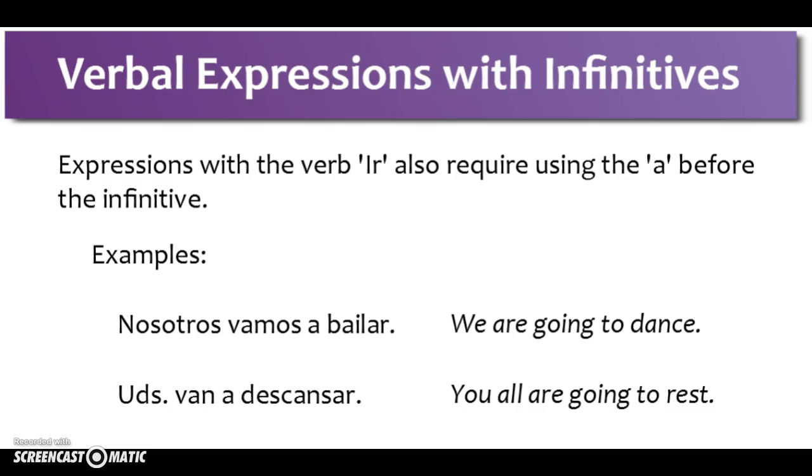Vamos a bailar. The first verb is conjugated. The second verb is not, and we have the preposition a in between. Same with ustedes van a descansar. You all are going to rest. Notice my translations do not double translate the word a. So you are not pronouncing that twice as to.